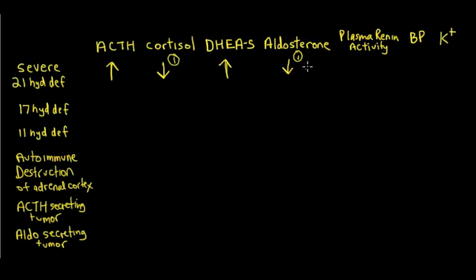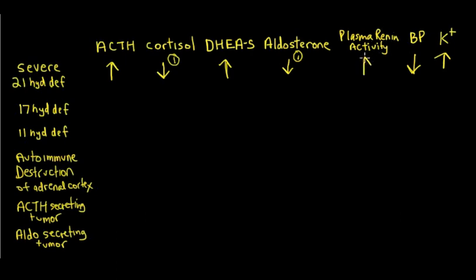Now, with aldosterone being low and also cortisol being low, both of these hormones can affect blood pressure and increase it. So we know that the blood pressure should be down. And if the aldosterone is low as well, the potassium should be increased. The blood pressure being low, remember, is going to be a stimulation effect on the cells that secrete renin.